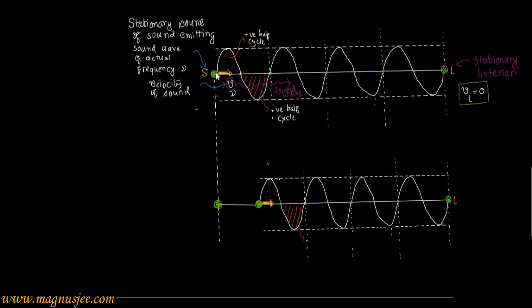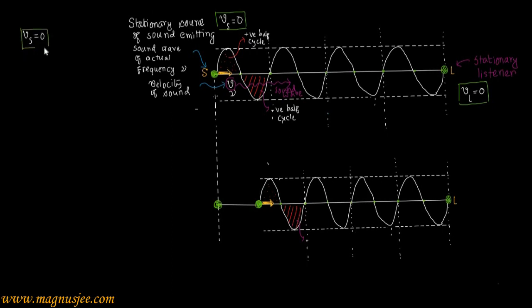The velocity of the stationary listener is VL, which is equal to 0. And for the stationary source of sound, Vs is equal to 0. Vs is the velocity of the source of sound emitting a sound wave of actual frequency nu.